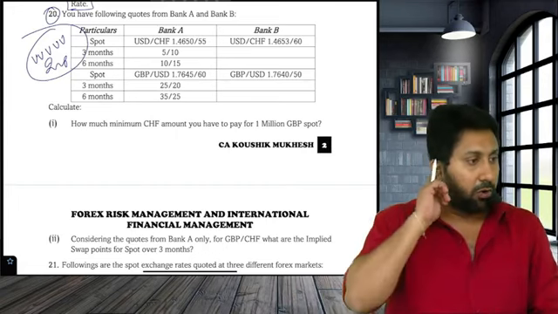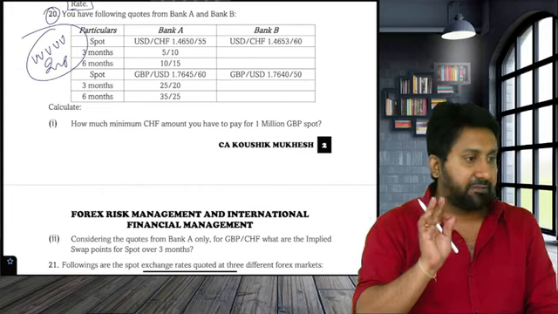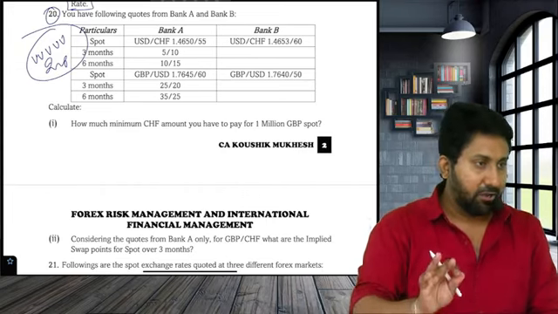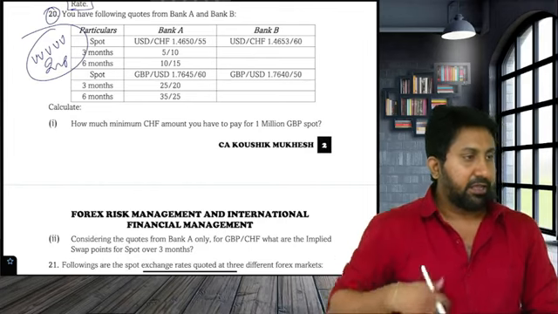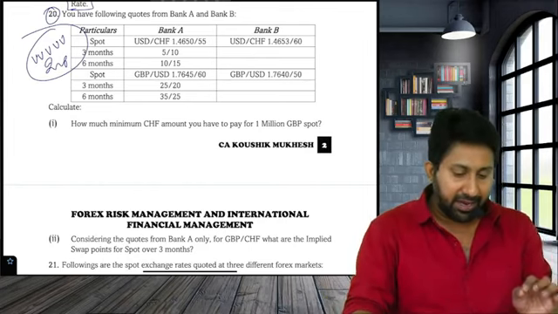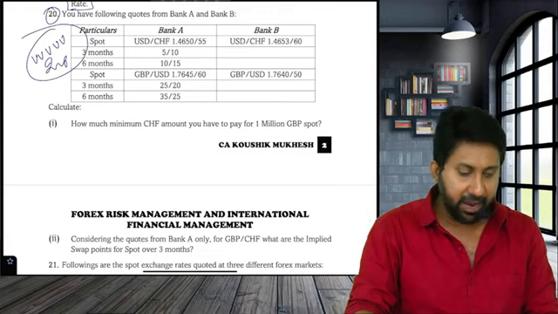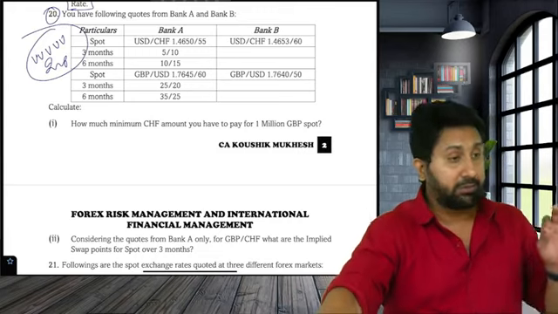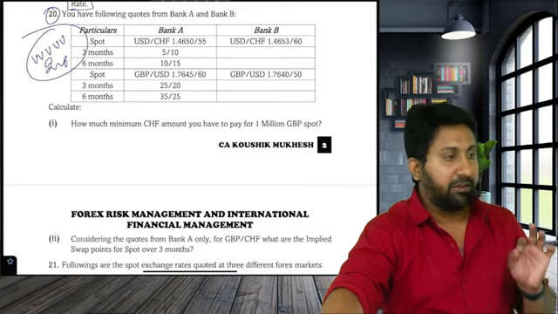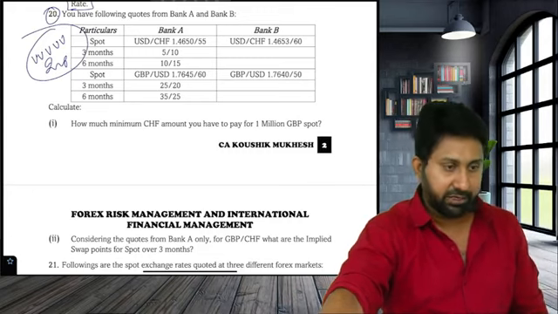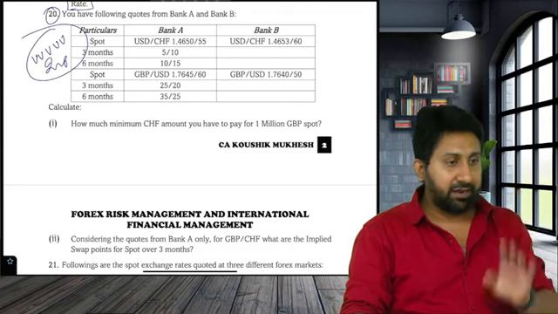How much minimum CHF amount do you have to pay for 1 million GBP spot? That means if you take Bank A, Bank B, two banks are given in the question or not? What he is asking is which is more beneficial. Okay, two banks are given.